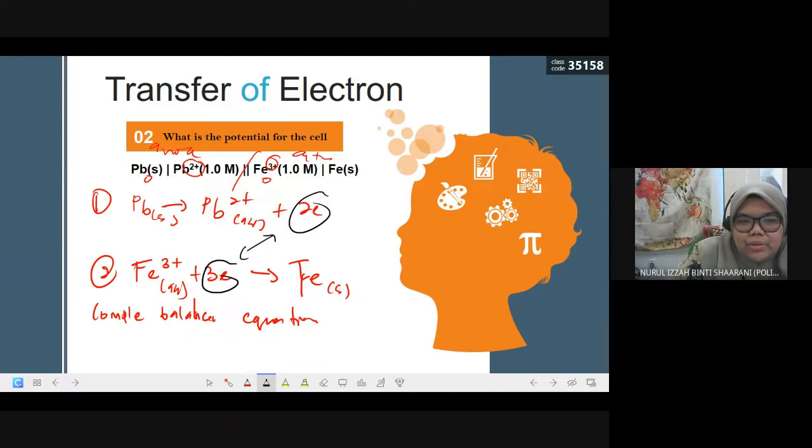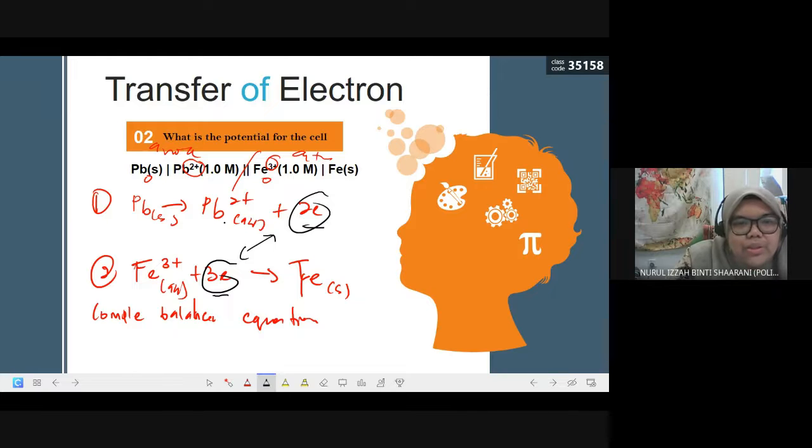You have to make sure apa yang Pb ni release itu juga, that amount, will be gained by iron. So you have to make sure you have an equal number of electron that is going to be released, and also equal number of electron that is going to be gained by another electrode. Cara dia, you kena dapatkan satu nilai yang sama. Nak samakan dengan 2 tak boleh, nak samakan ke 3 pun tak boleh.